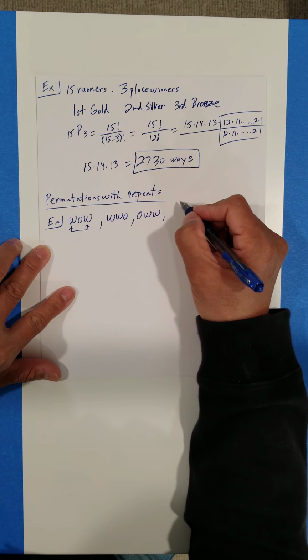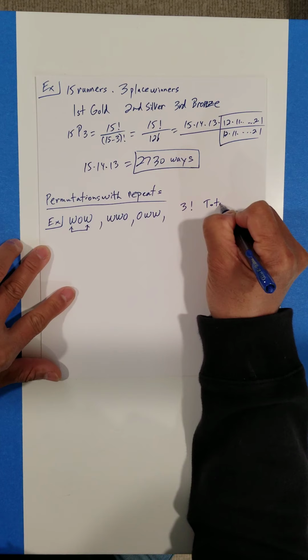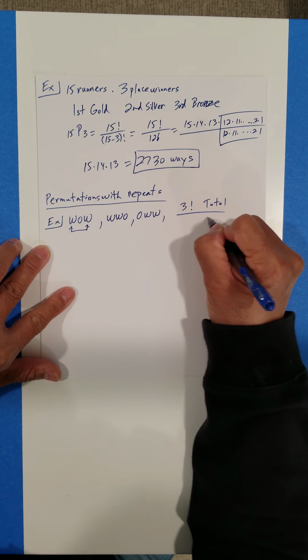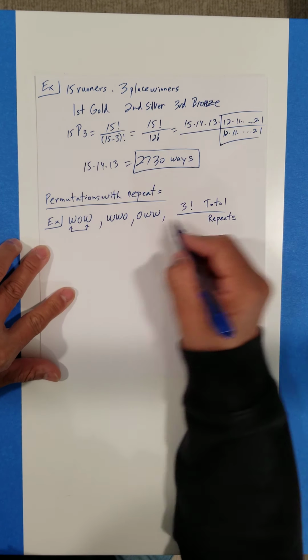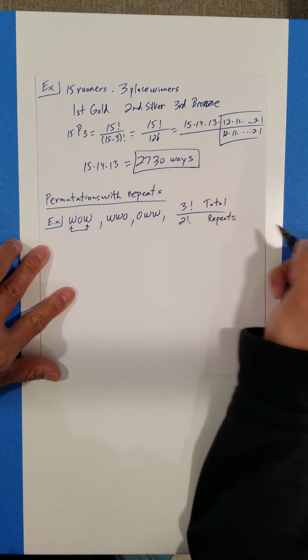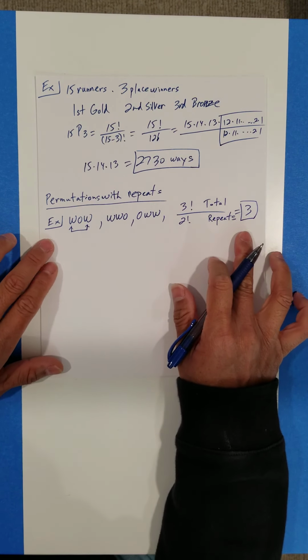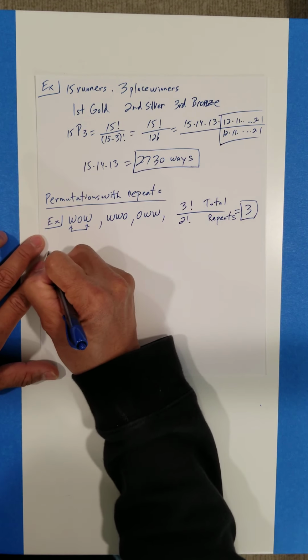I can compute that by putting the total letters on top, 3 factorial, and on the bottom I divide by repeats. Since W repeats twice, I divide by 2 factorial. So here I get 3. There's only 3 ways I can reorganize the word wow.